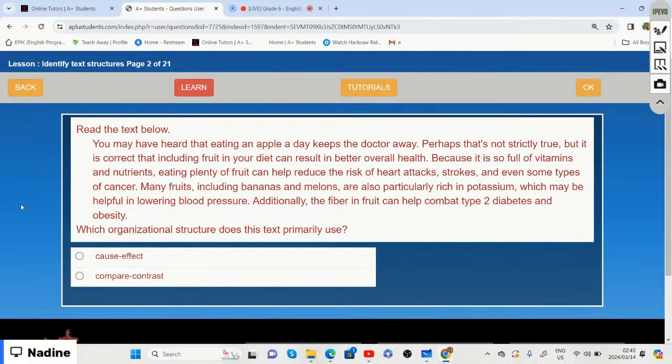So now we need to say which organizational structure this text primarily uses. All right, so we need to say which type of structure this is. Is it a cause and effect structure, or are we comparing and contrasting?